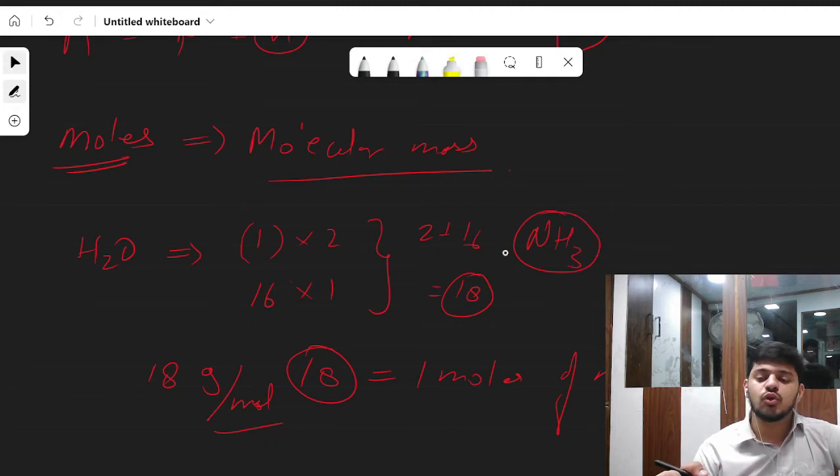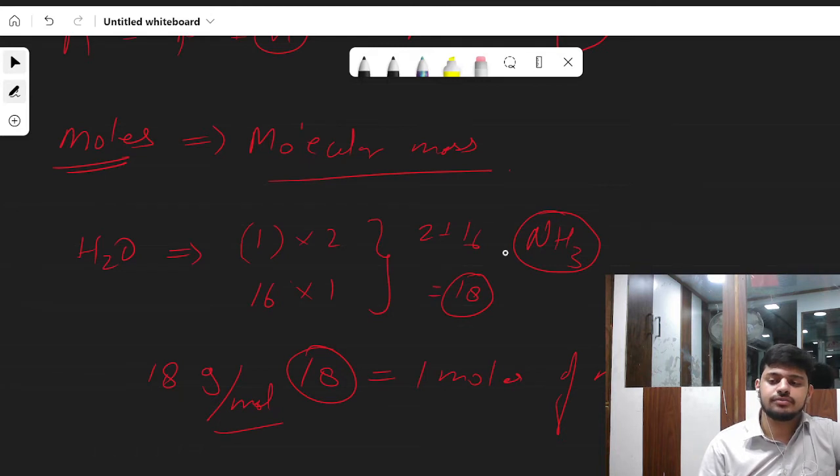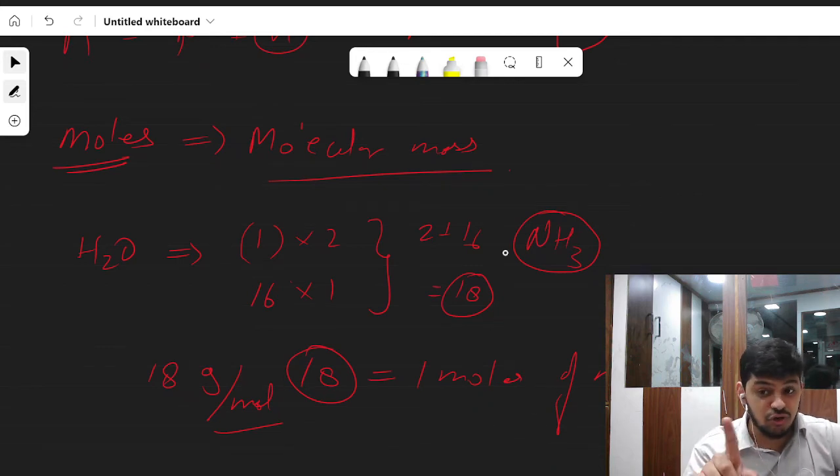Nitrogen is 14 and there are 3 hydrogens, so 17. It means 17 gram of NH3, or ammonia, will be equal to 1 mole of molecules. Guys, 1 mole of molecules, not atoms.